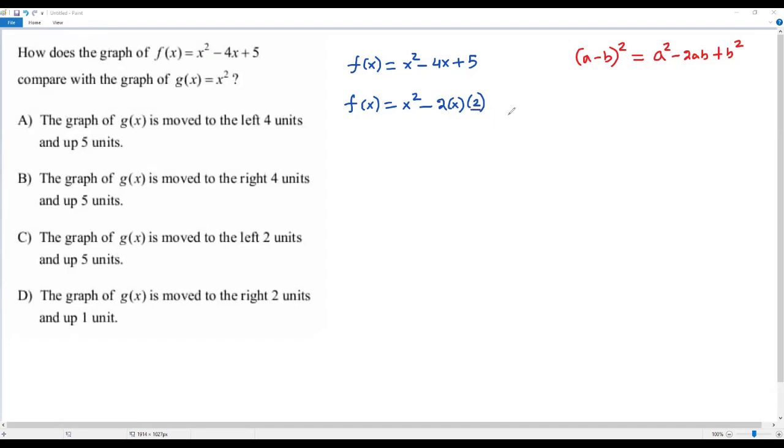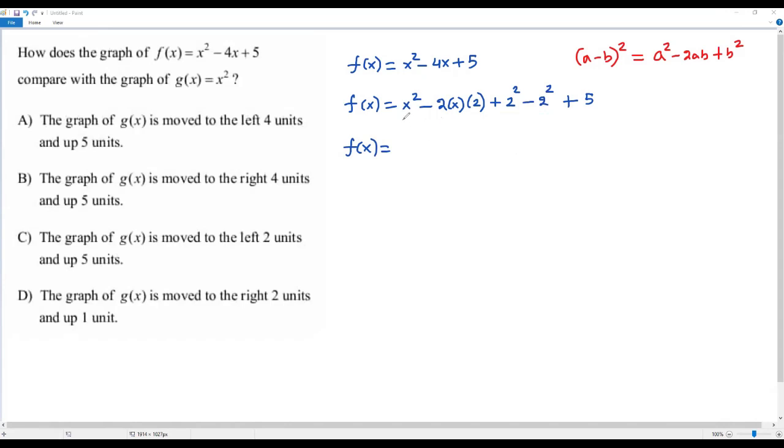So let me add 2² here, and to adjust for it, let me subtract 2². Its total value is 0, so this is still equal to x² − 4x, because 2 times x times 2 is 4x. Now we can write the +5 as it is. When I simplify this expression completely, it is equal to the original expression.